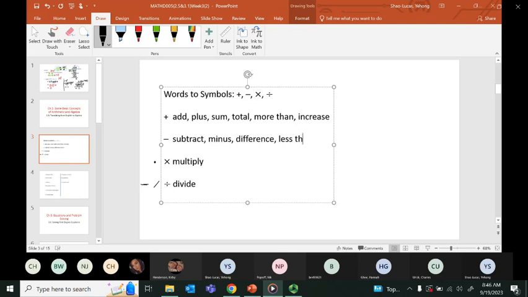If I have $5, but you have $2 less than what I have, instead of adding $2 to 5, you're going to subtract $2 from 5. And similarly, corresponding to increase, you may have decrease. If the profit decreased by $2,000, you have to subtract. So those are some commonly used words.